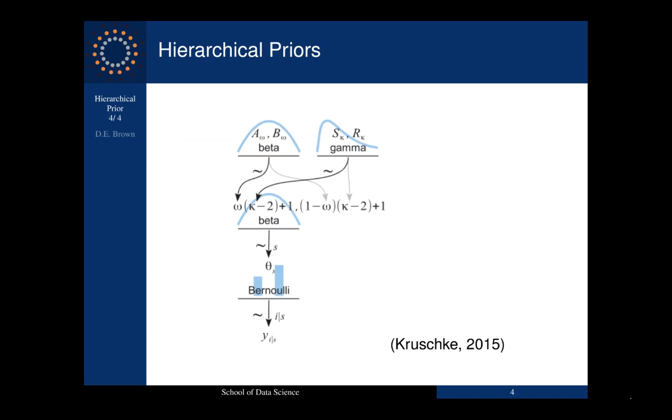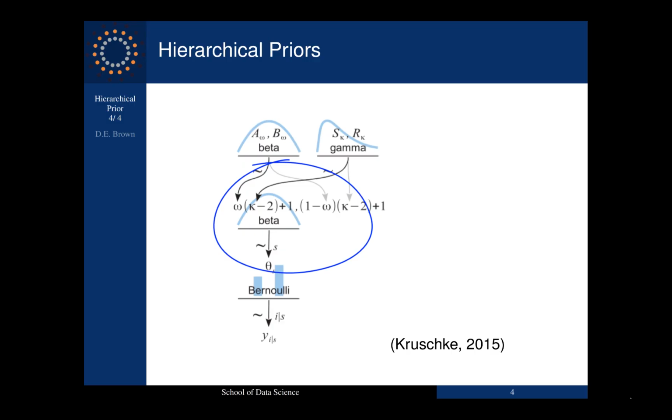So here's what our graphical model looks like. And again, we're going to use a Kruschke diagram to describe it. Starting at the bottom, our likelihood is Bernoulli, and we have 28 of these. So each outcome is 0-1 for each one of the practitioners. We're going to model the parameter in the Bernoulli, the theta, by a beta.